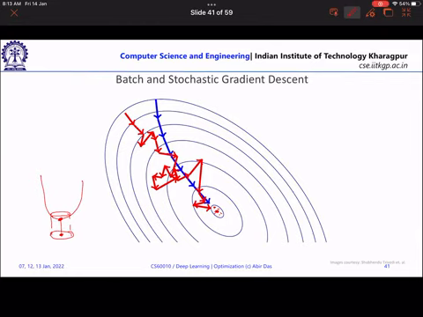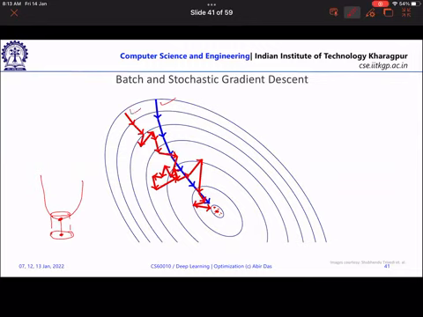Let us take this from what Anupam was asking last, that it is erratic. Why is it erratic? I was just trying to explain. First of all, I explained the contour plot. This blue one corresponds to gradient descent, and the red one is stochastic gradient descent.